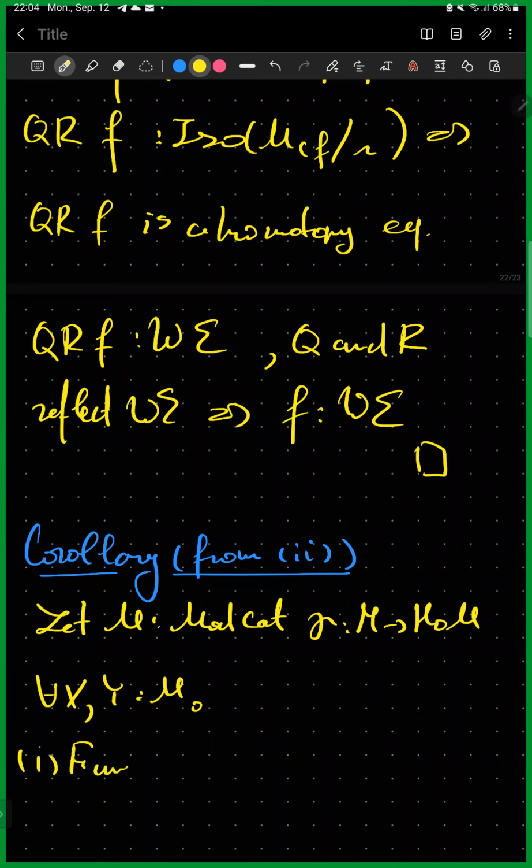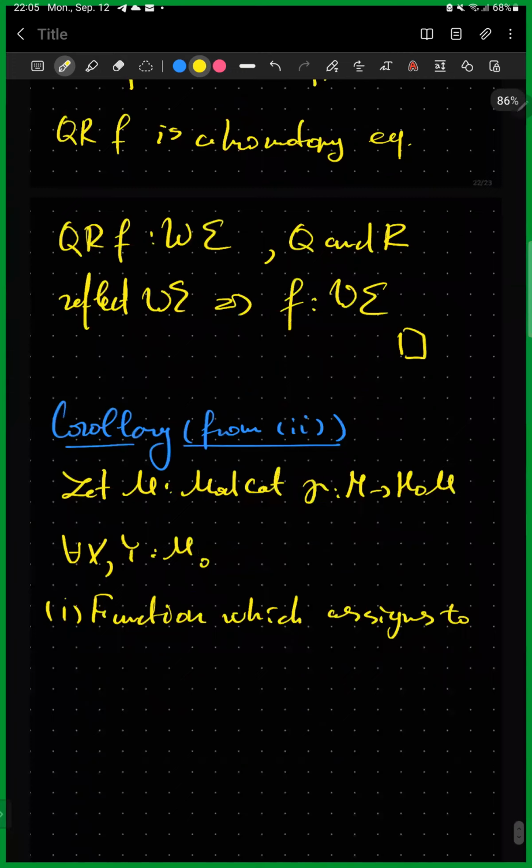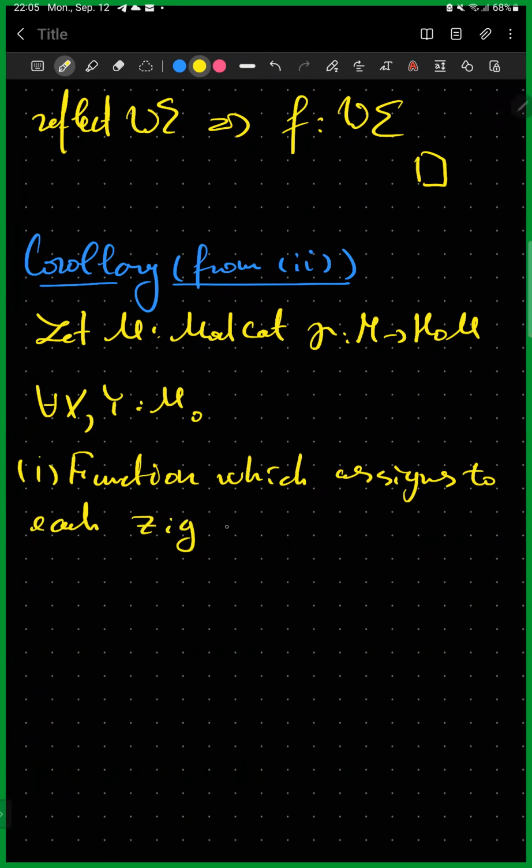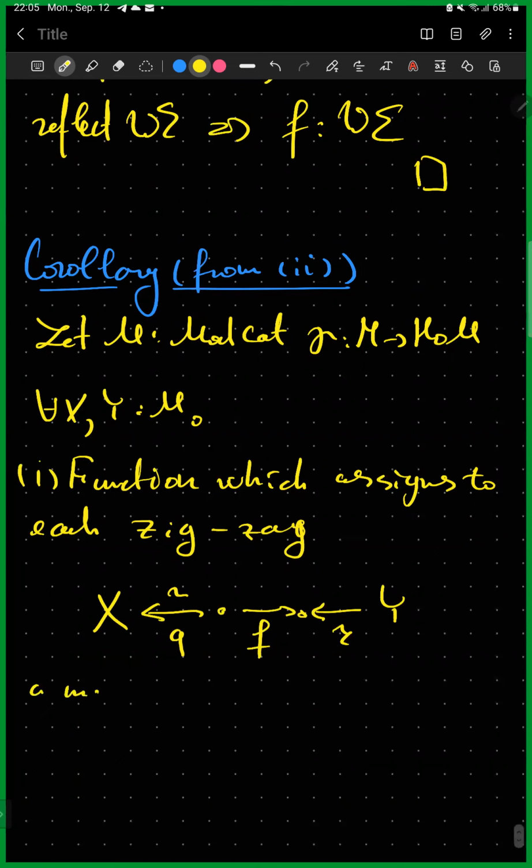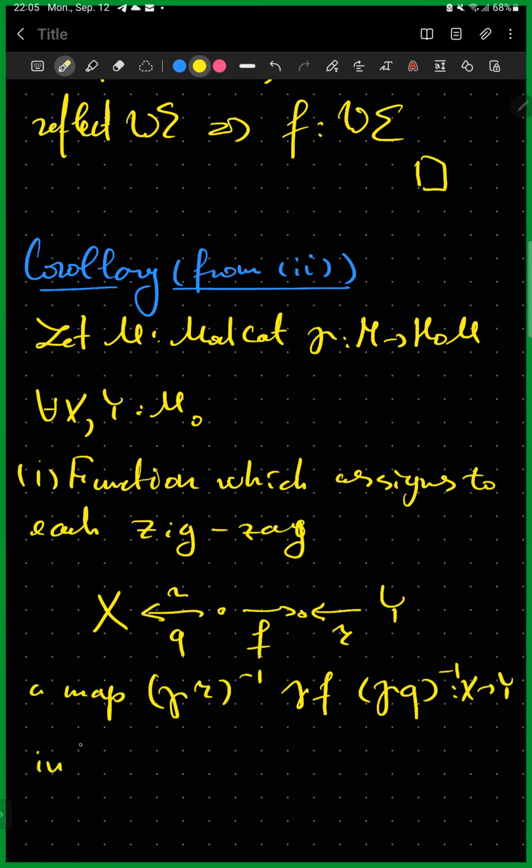first of all, the function which assigns to each zigzag X to R a map gamma(R)^(-1) gamma(F) gamma from X to Y in the homotopy category induces an isomorphism.